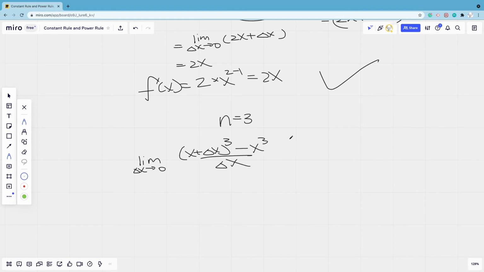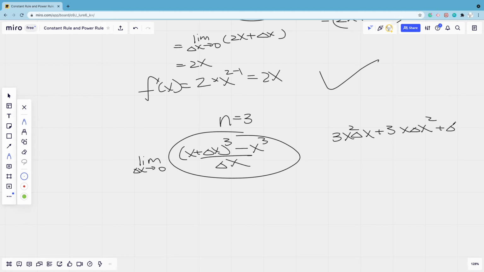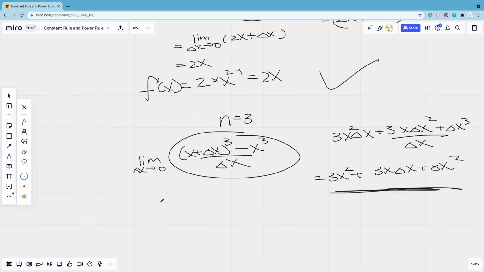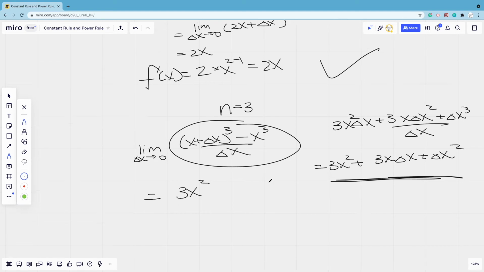You could do some algebra and expand this: 3x squared delta x plus 3x delta x squared plus delta x cubed over delta x equals 3x squared plus 3x delta x plus delta x squared. That's what we get after expanding. And so when delta x converges to 0, this will be 3x squared. And this still adheres to the power rule.